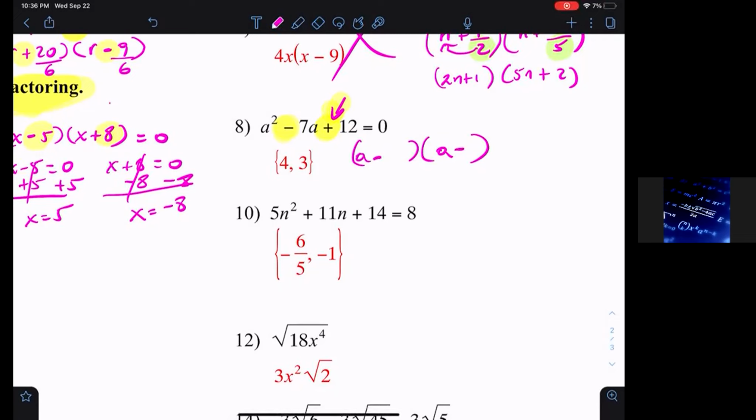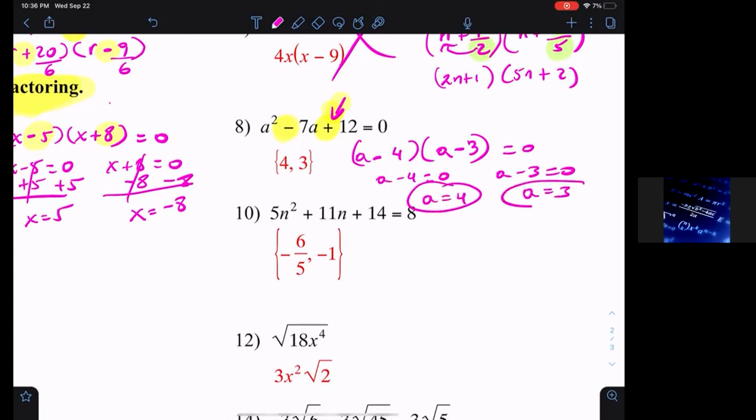So you find the combination for 12. What numbers when you multiply give you positive 12, and when you combine give you negative 7? That must be 4 and 3. So a minus 4 equals 0, a minus 3 equals 0. Add 4 on both sides, a equals 4, and add 3 on both sides, a equals 3, right? That's how you do that.